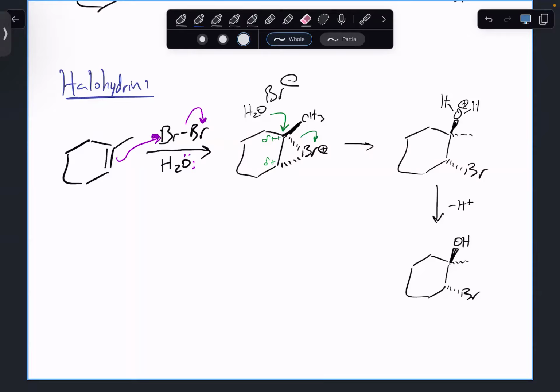You have orders of magnitude more molecules of solvent than you do of your reagent. And so just statistically, that bromonium ion is going to encounter water way, way more often than it's going to encounter the Br minus. Right? Questions on that?